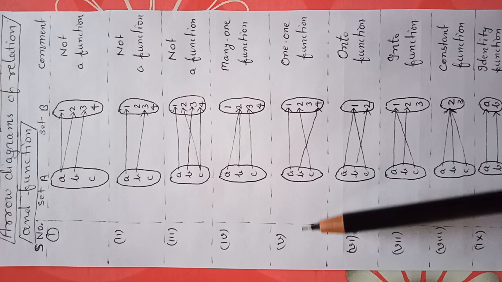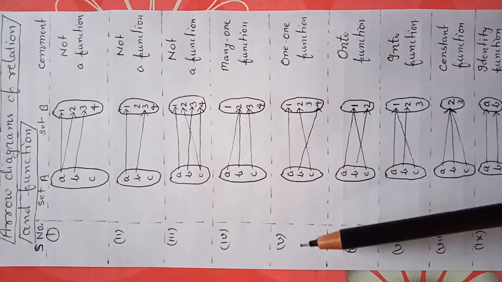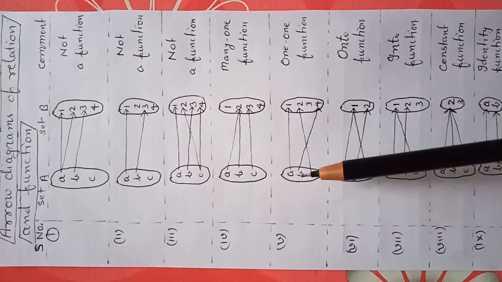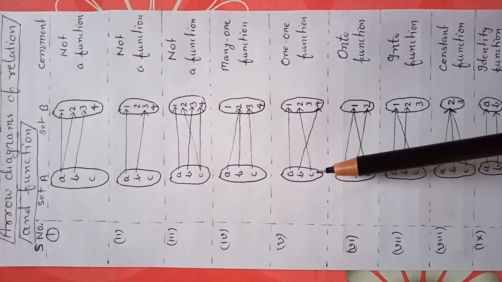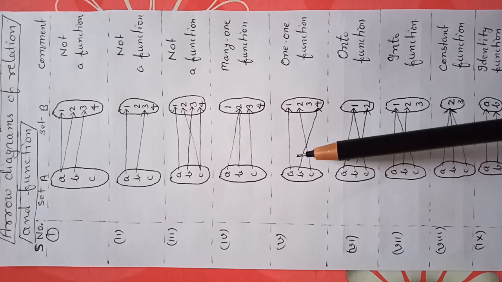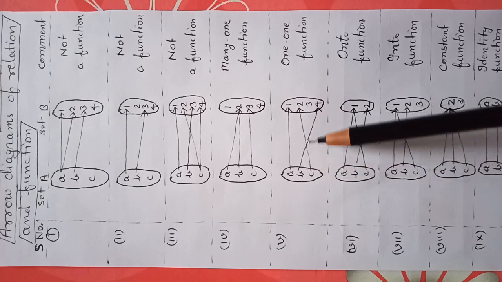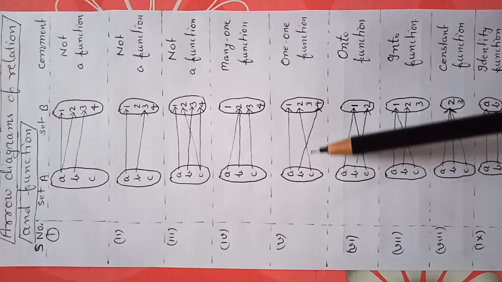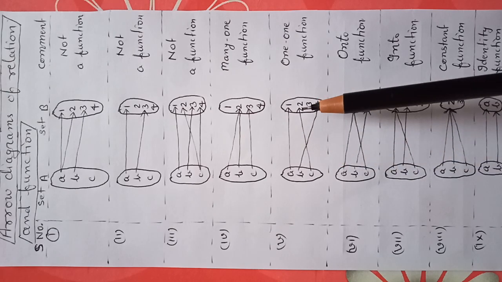Now, at the fifth example, we see A is associated with 1, B is associated with 4, and C is associated with 2. Here both the conditions of a function are satisfied.